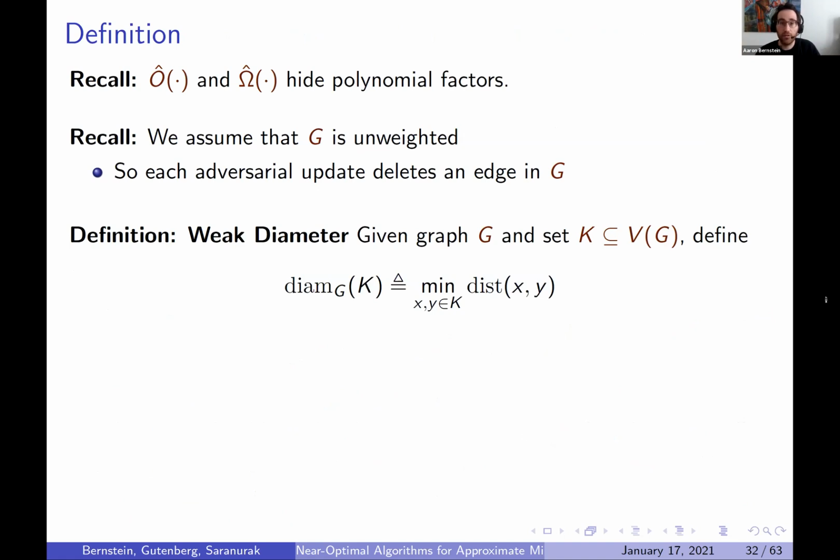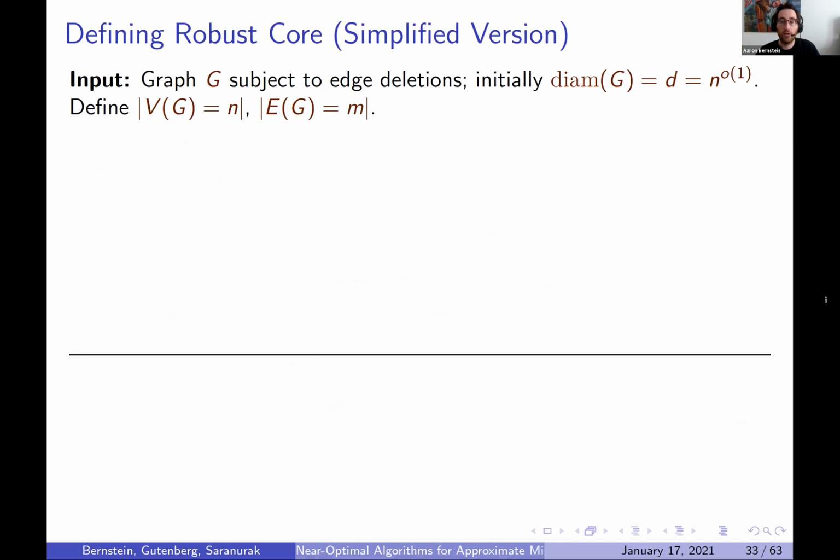Okay, so here is the abstraction that we define for maintaining a low diameter set. We call this robust core because basically the low diameter ball is a core. We want it to be robust in the sense that as deletions come, you can always maintain some low diameter set inside that.